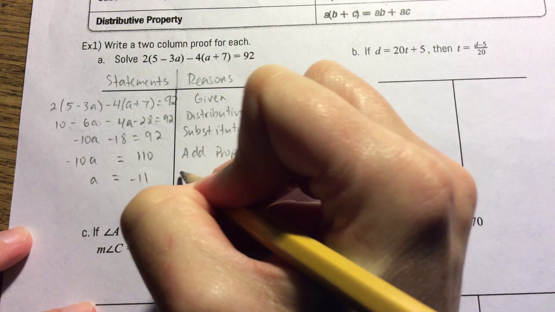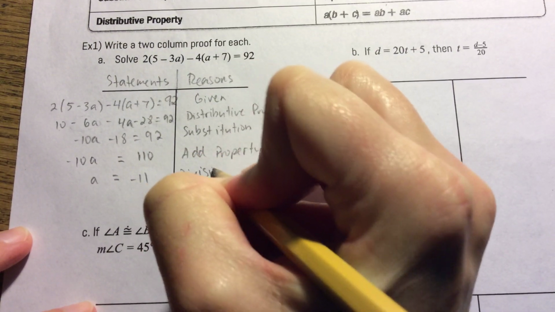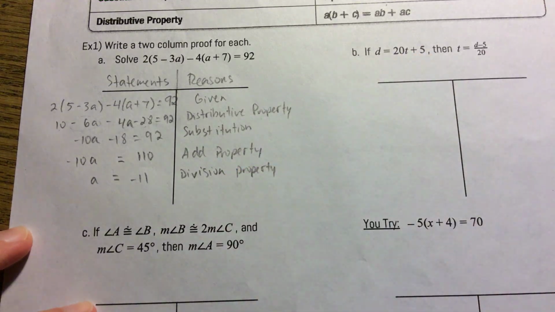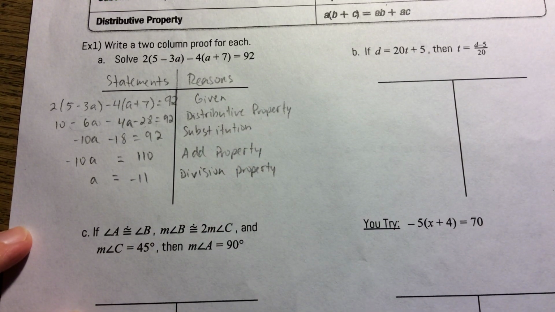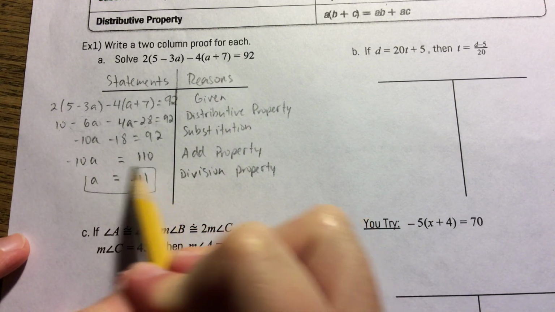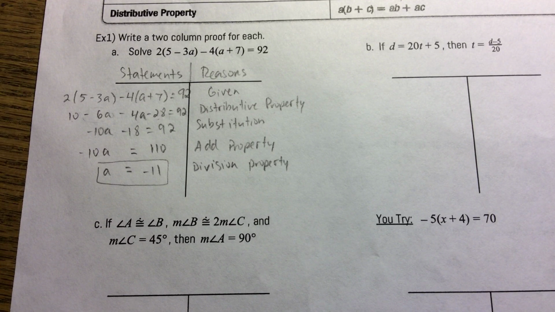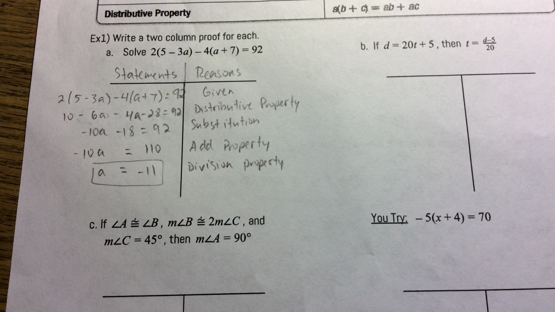And that's going to be the division property of equality. And so that gives us our answer here. So really just breaking down and writing down what you're doing on each step.